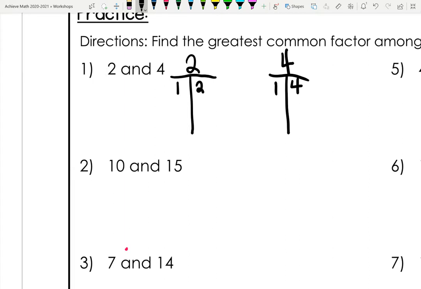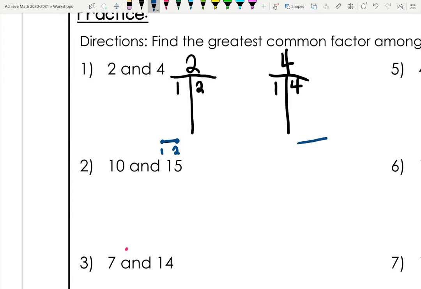Now the cool part about this is you want to look at the numbers between 1 and 2. Between 1 and 2, there are no whole numbers, so I know my list is done. The reason being is my next number would be a repeat. I don't need to put the same information twice, so I can just leave it off of my list.